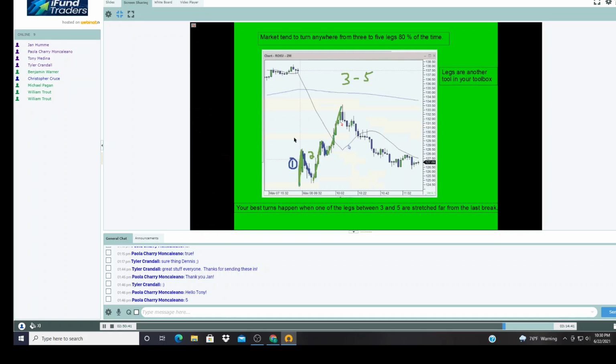So the best turns happen when one of the legs between 3 and 5 is stretched further on the last break, right? So when this last leg here, since we only have 3, is stretched further, then the turn is going to happen. It's going to roll over on you, right? It's giving you a topping tail here as a signal.